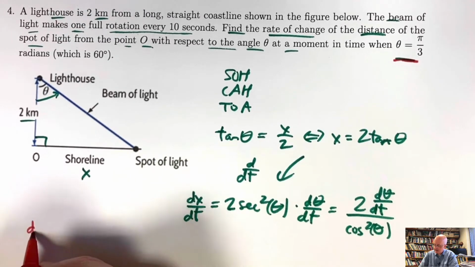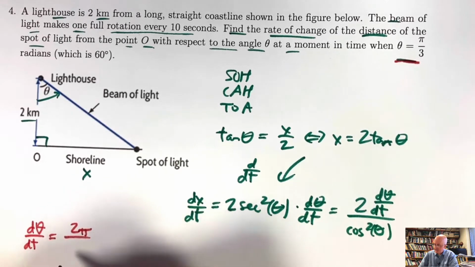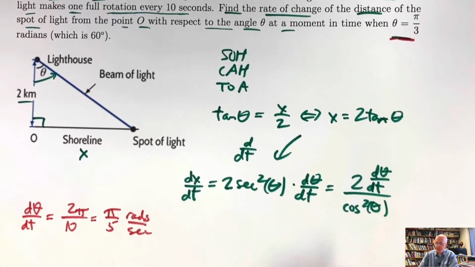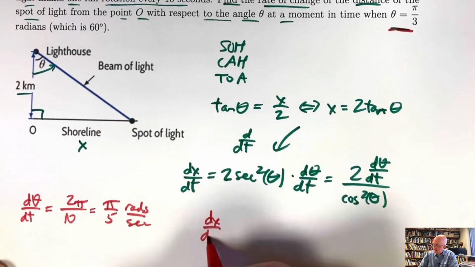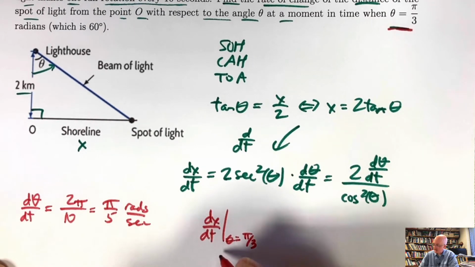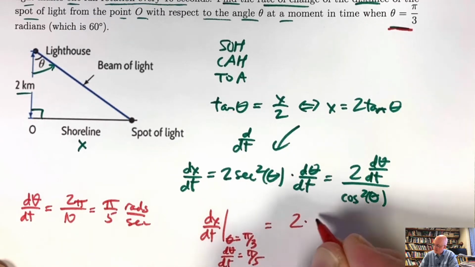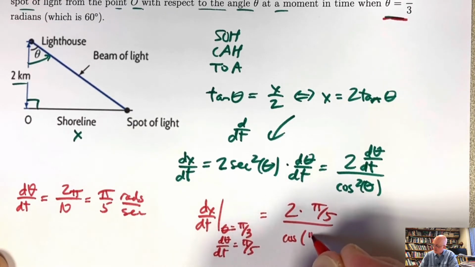Let's write it over here. d theta dt is 2 pi radians divided by 10 seconds, which simplifies to pi over 5 radians per second. Okay, plug the numbers in here. dx dt, when theta is pi over 3, which is 60 degrees, but you want to use radians in calculus, and d theta dt is pi over 5, gives 2 times pi over 5 divided by the cosine of pi over 3 quantity squared.